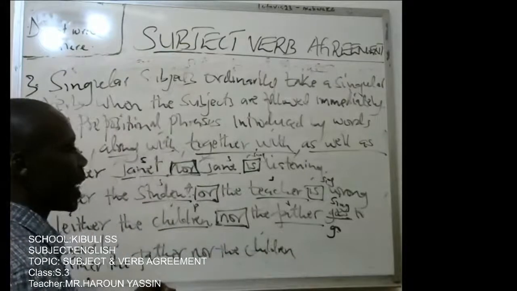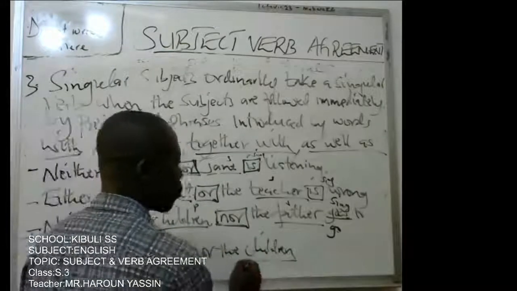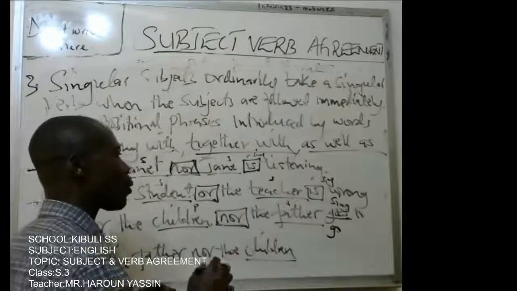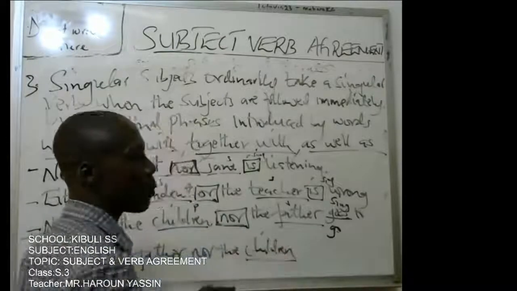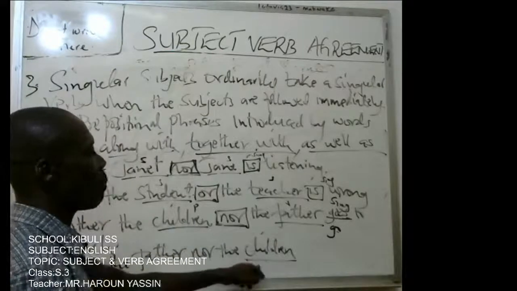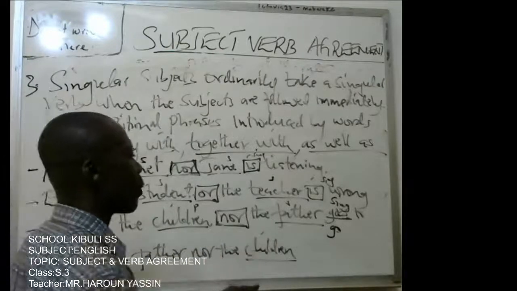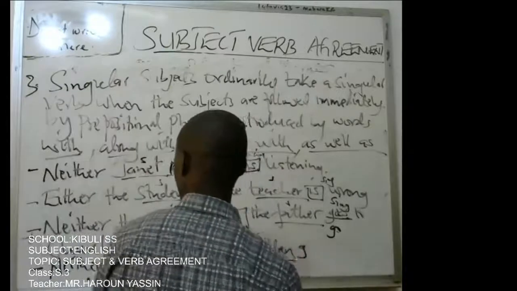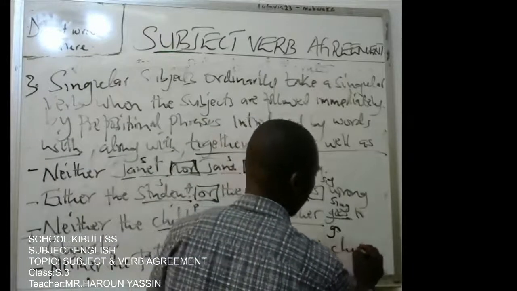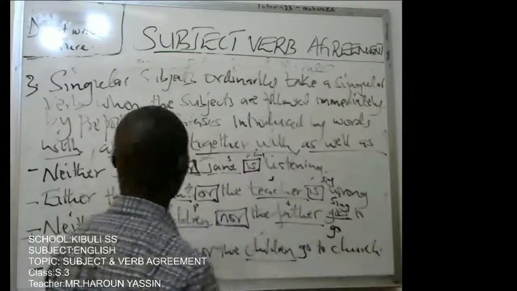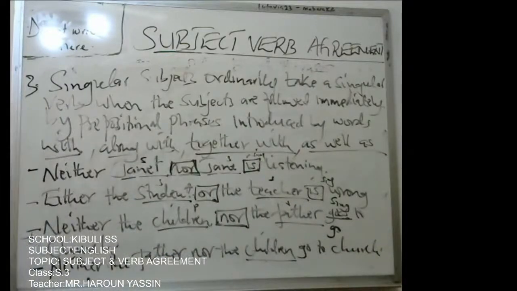Now, since "children" is plural, the verb also has to be plural, because the verb now immediately follows the plural noun. Therefore, in this case, we shall have: neither the father nor the children go to church or school, whatever you would wish to put. So that is the little bit of a trick that we have here.